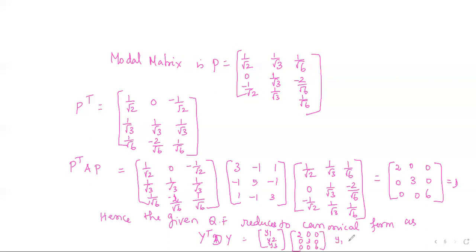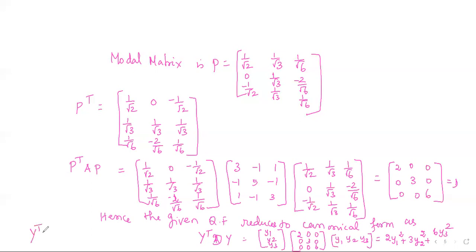Then Y is y1, y2, y3. So therefore the quadratic form has been reduced to the canonical form. Just finding the product of this, you are going to get 2y1 square, then plus 3y2 square, then plus 6y3 square.